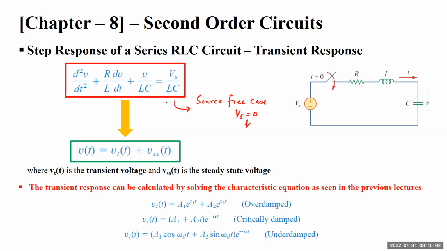So for Vs equals 0, this differential equation reduces to a characteristic equation: s square plus 2 alpha s plus omega naught square equals 0. And if we solve this characteristic equation, we get three types of response.